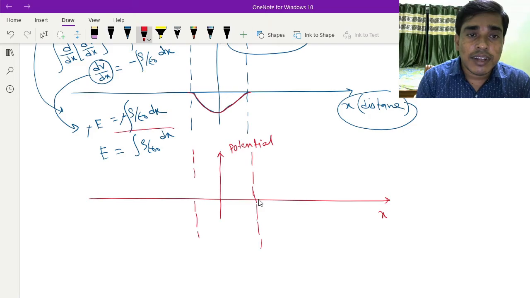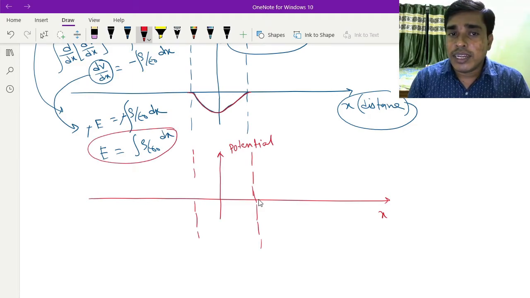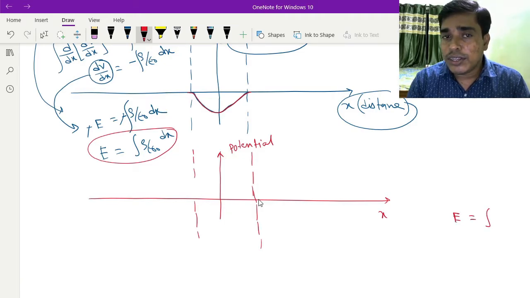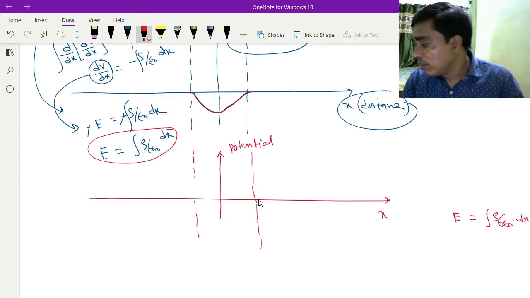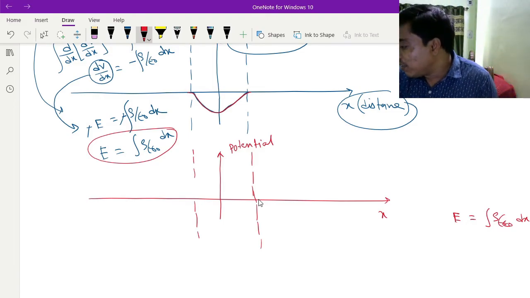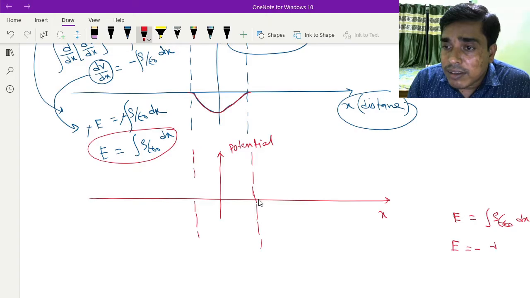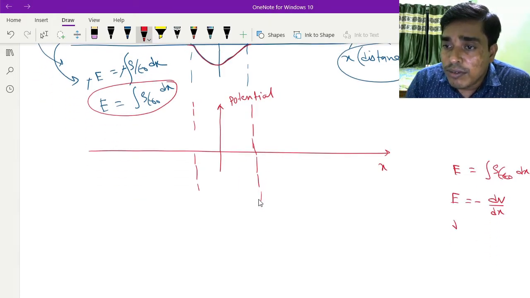Here you see this is the electric field. So we know that E equals the integration of rho by epsilon naught dx, or E equals minus dv by dx.